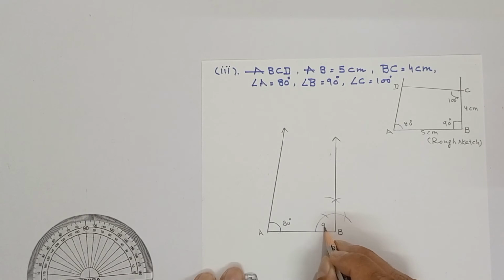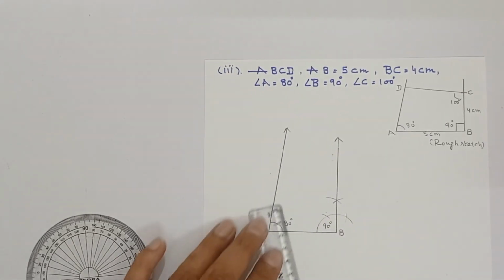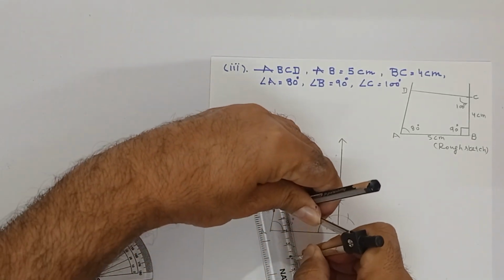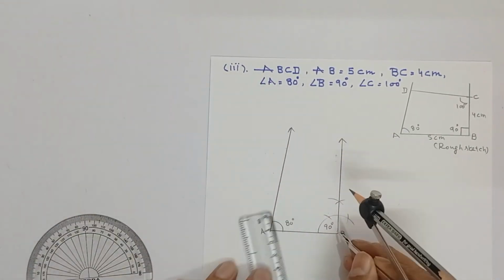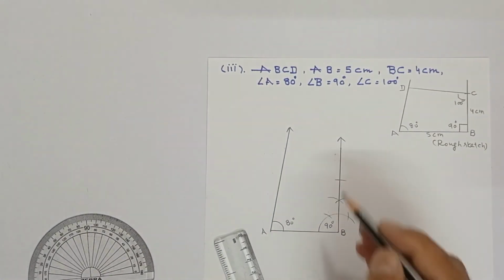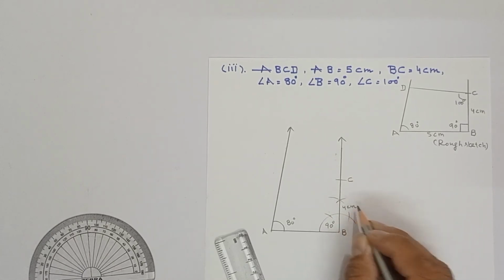This is 90-degree. And BC, you know that it is 4 centimeter. So open up the compass equal to 4 centimeter. Keeping the compass tip on B, draw an arc of 4 centimeter. This is C point. So BC is 4 centimeter.